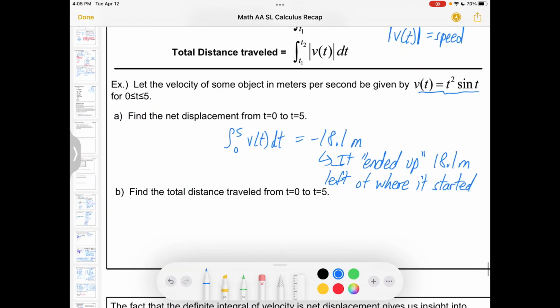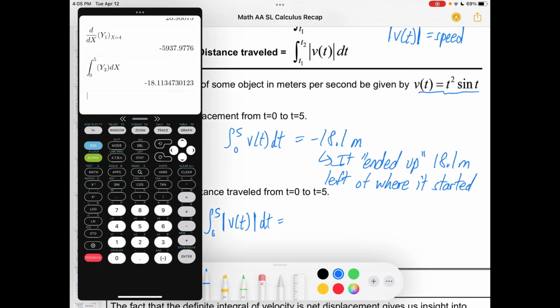If we want the total distance traveled, well, that's going to be the integral of the absolute value of velocity. Okay. And if velocity is positive, and it's always positive, then it really doesn't matter if we have those absolute value signs. So we'll go alpha window. Again, I'll choose definite integral 0 to 5. I'm going to use this time the absolute value, so that's under math, and go over to number, and you choose the absolute value signs.